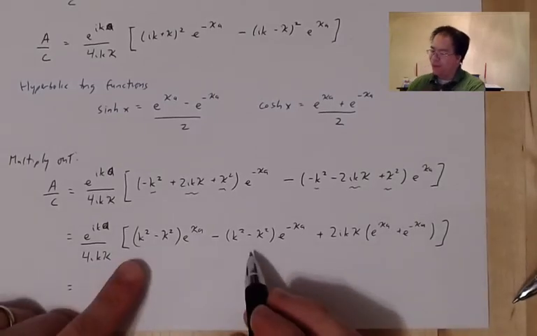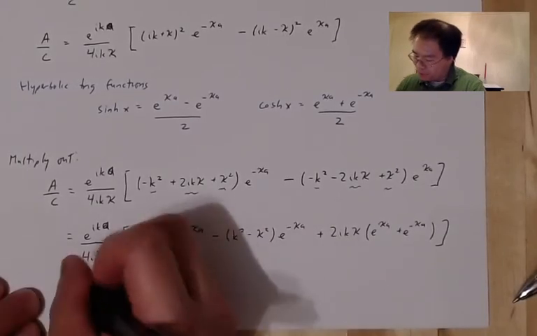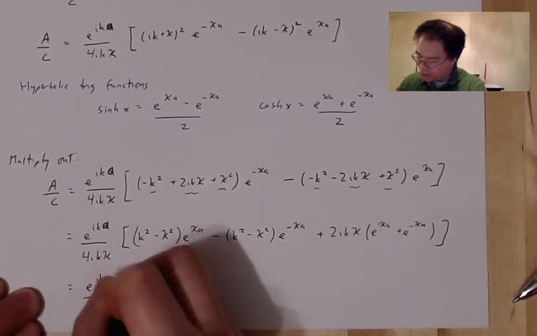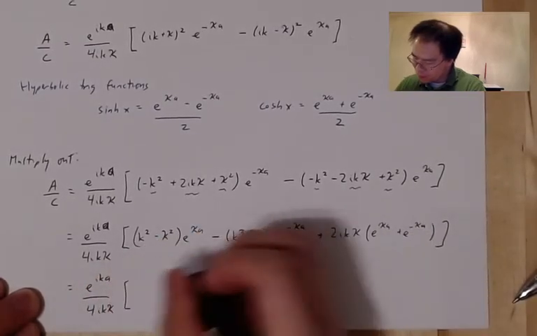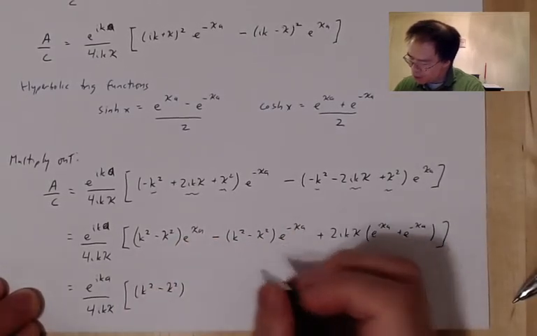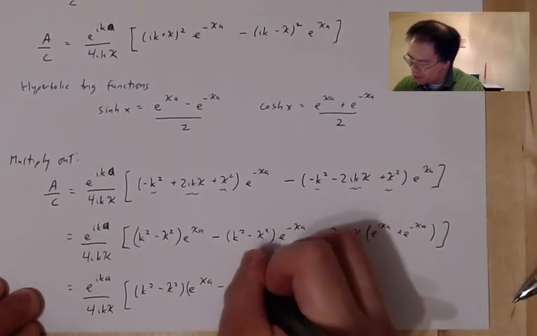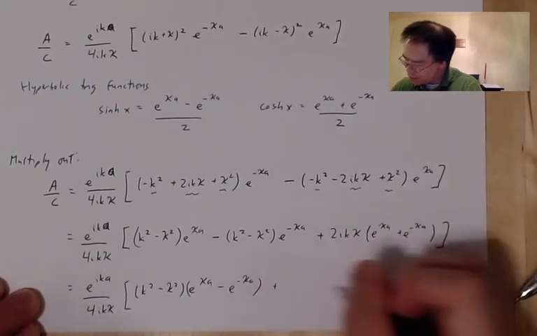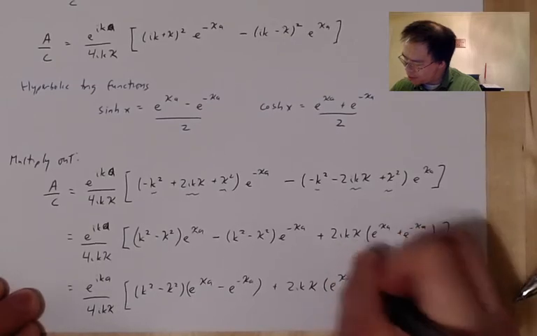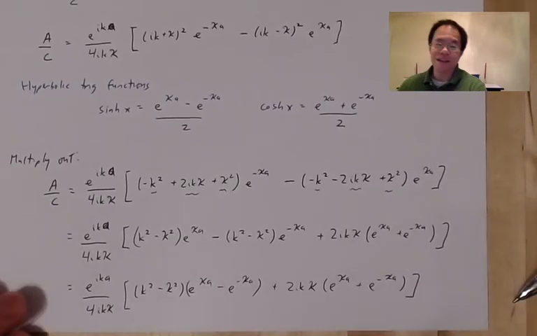So let me just do a little bit more factoring. I'm going to now factor this common term k squared minus kappa squared out of here to give me, so still have all this stuff in front for ik kappa, k squared minus kappa squared, e to the kappa a minus e to the minus kappa a plus 2ik kappa, e to the kappa a plus e to the minus kappa a.